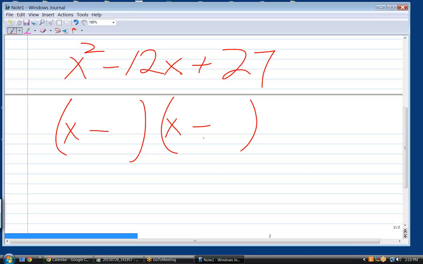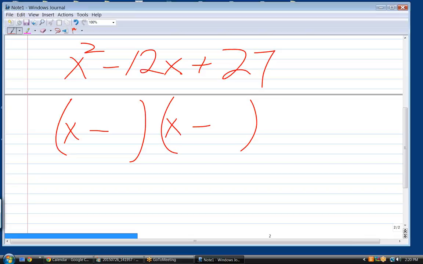Minus. Third step is factors of 27 that add together to make 12, but multiply to make 27. Factors of 27 means two numbers that multiply to 27. So you can just think of it as factors of 27 that add to the number 12.